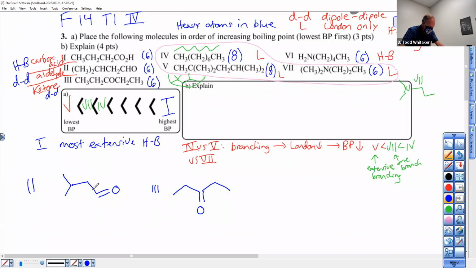Now, if you think this looks a little more branched than this, I might give it to you because a methyl's a little bigger than an O. It's got a C with 3 H's on it. But I'm not going to be that picky with the grading of those two particular ones because they're very similar. Same mass, same forces, roughly the same branching.